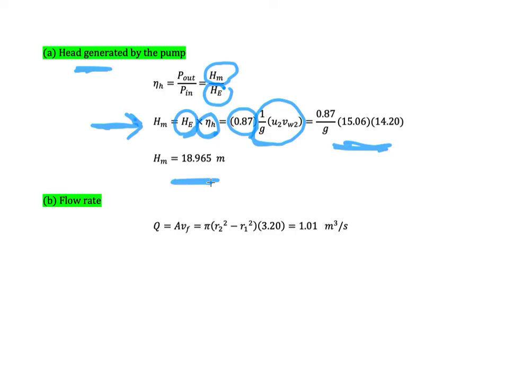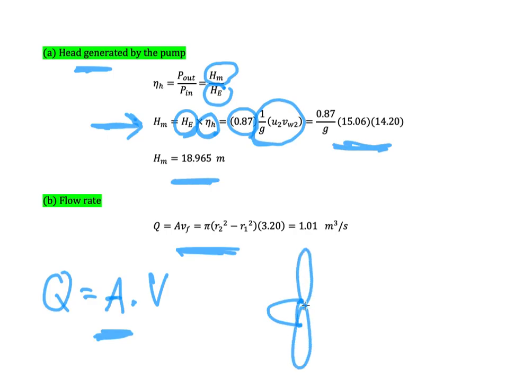So and then we could calculate the flow rate. So again, the flow rate can be calculated by using the simple equation of Q equal A times V. But you must be very careful, because the cross-sectional area here is, if we have a hub here, we have a blade here. So you need to only calculate the area of this one.